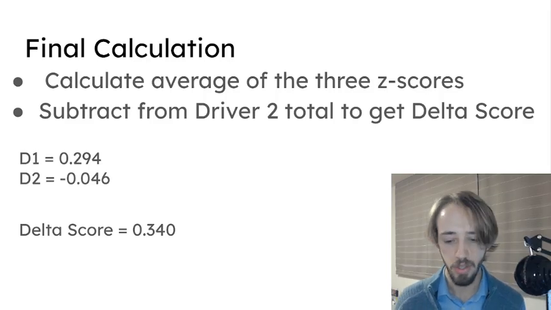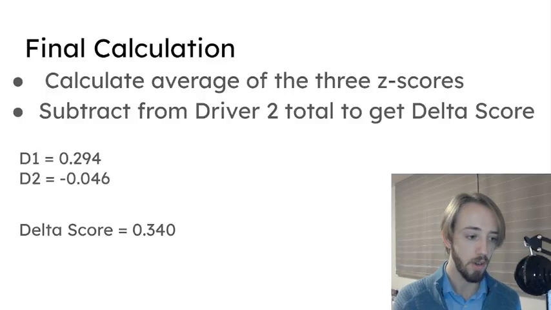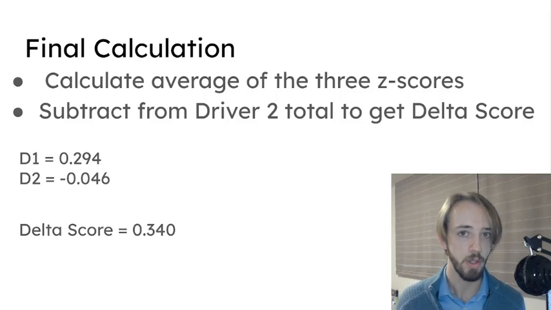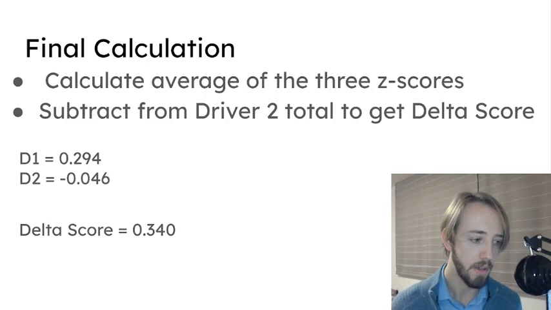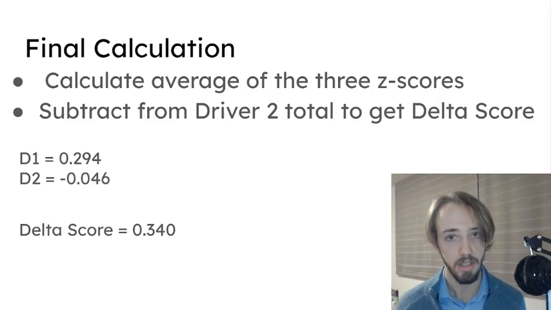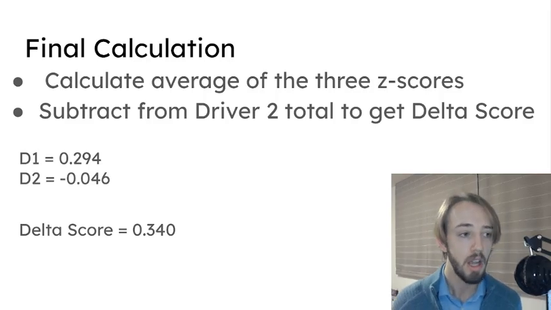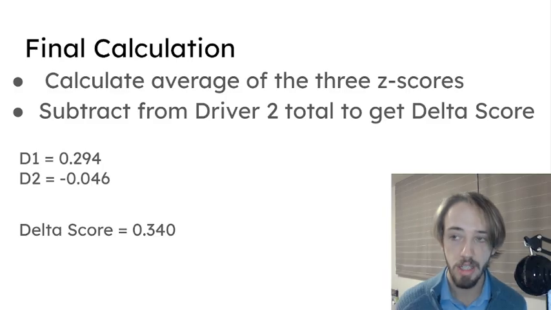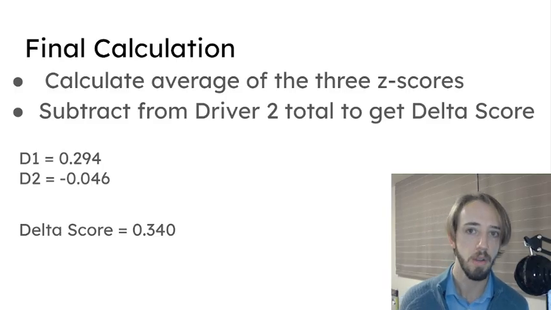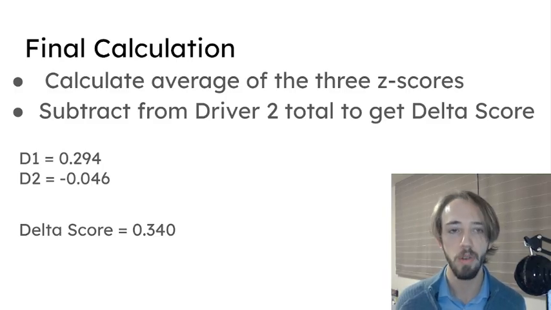And what you would do is calculate this for driver 1 and then calculate for driver 2. And if your calculations are correct, the calculation for driver 2 should just be the inverse, the negative, of what the calculation for driver 1 is. And I think this is a pretty useful way of assessing driver performance in the race. The reason you want to have more than one stat is it puts guardrails on it.